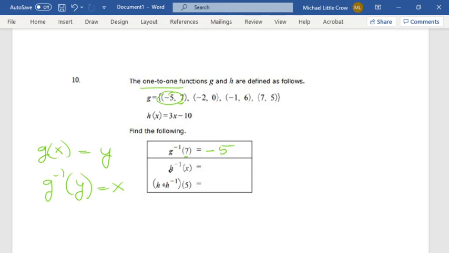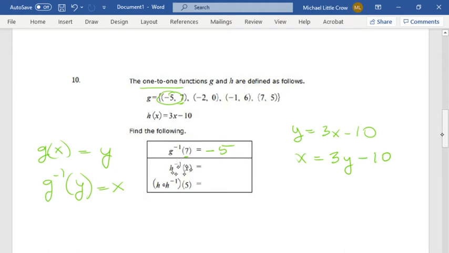Now we're asked to find the inverse of h. Now h is not a collection of points. It's an actual equation. So we look at it as y equals 3x minus 10. To find the inverse, we change the y to x and the x to y. So we're changing their locations, where this really is the inverse function.